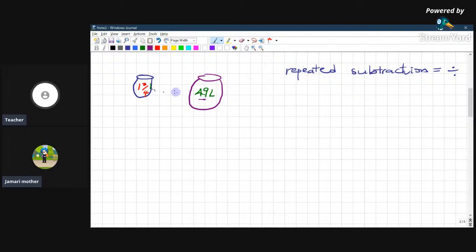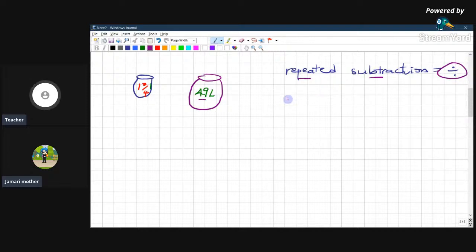And I guess that would work if you added it so many times. But I looked at it like this: if this was empty, I could dip this one into this one and keep taking it out and see how many times I could take it out, right? And that would be repeated subtraction, right? Now, repeated subtraction mathematically can be called division.